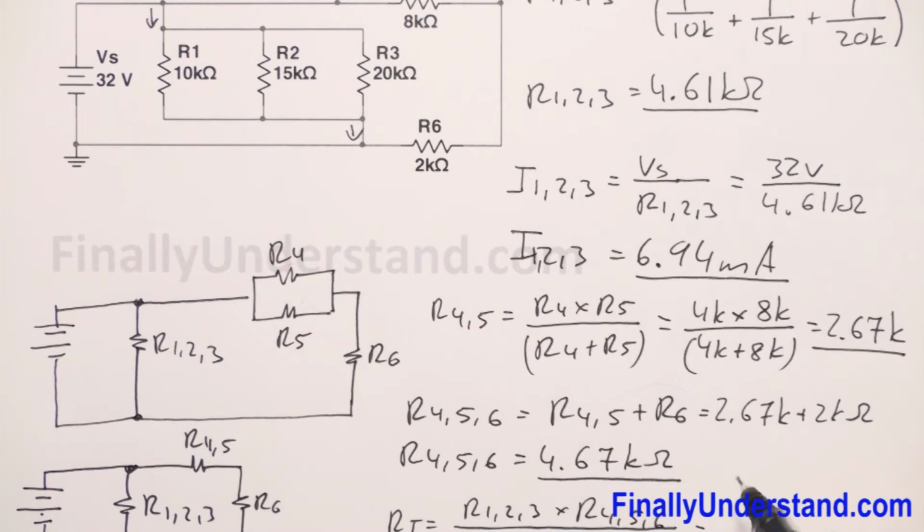So I have R1,2,3 is equal to 4.61k times R4,5,6 is equal to 4.67k over 4.61k plus 4.67k.